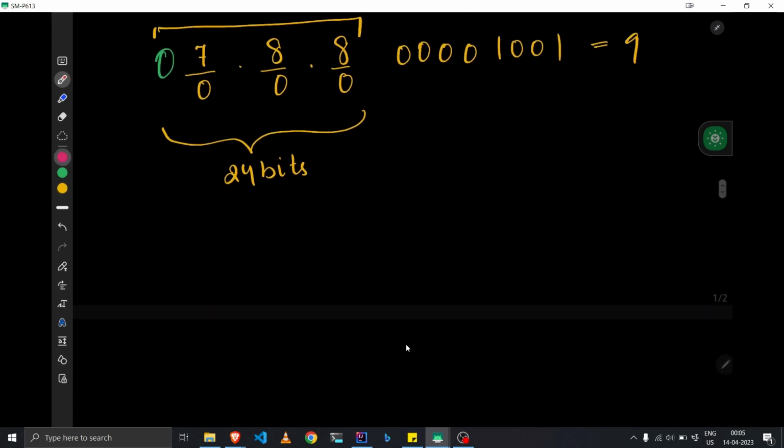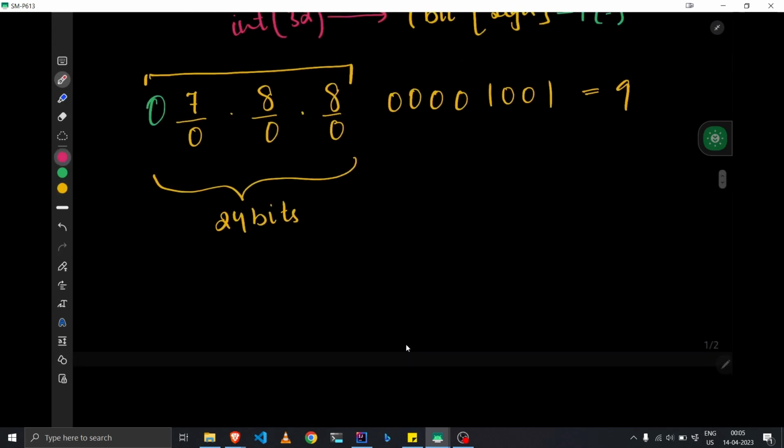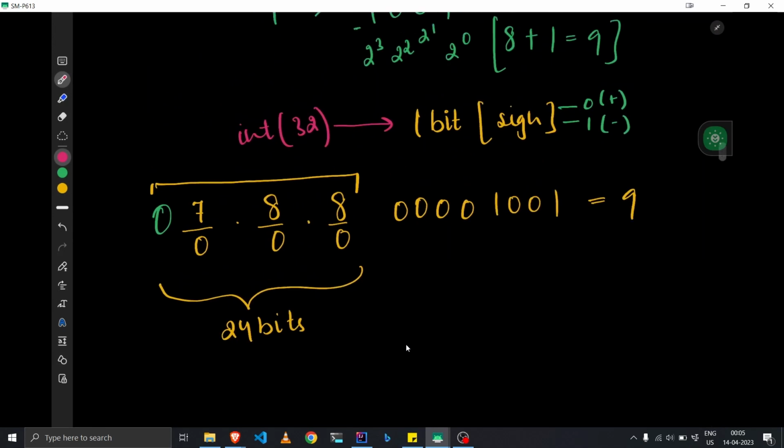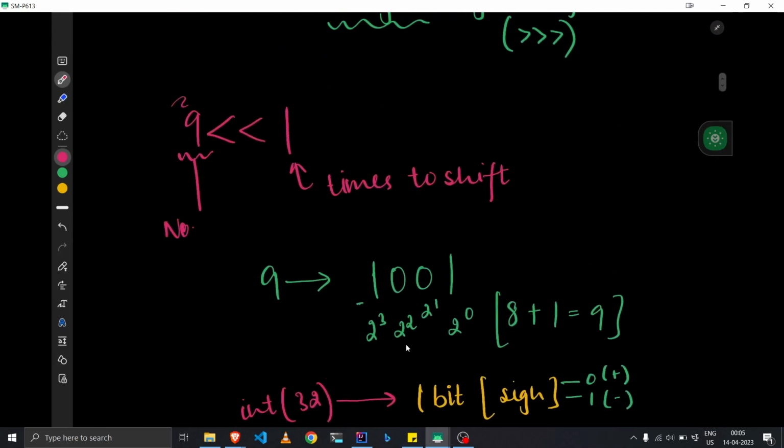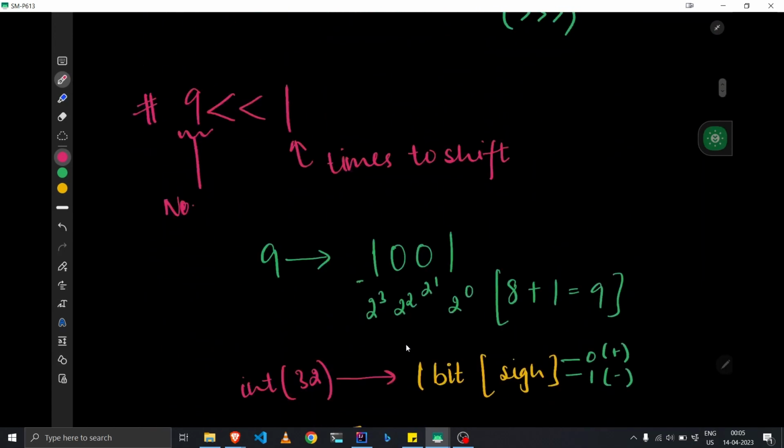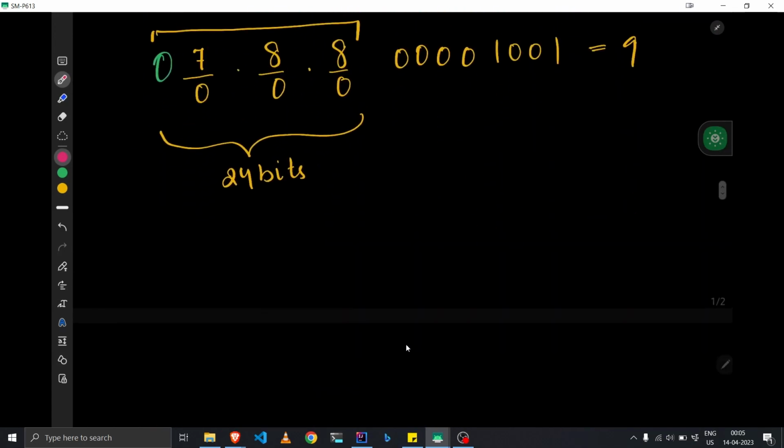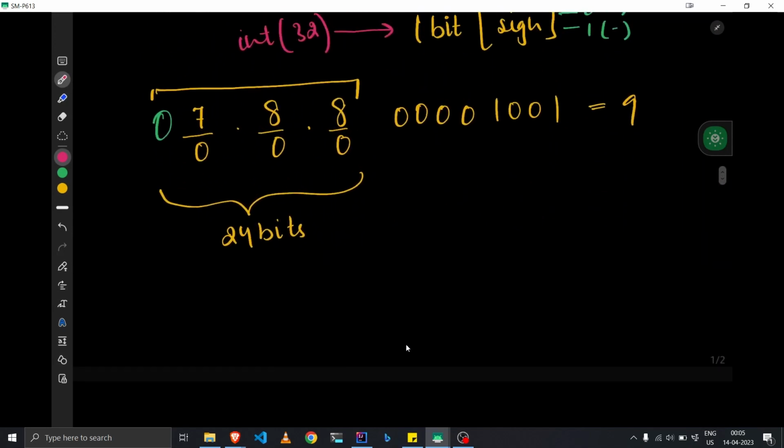Now let's move the bits towards the left. The first bits will remain the same because we'll be moving these towards the left, and the last bit will be replaced with 0.